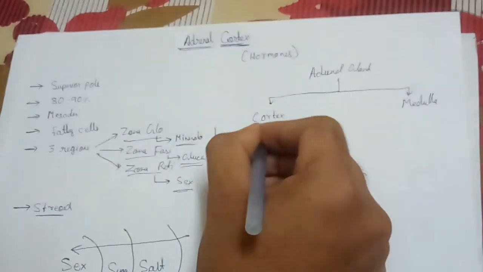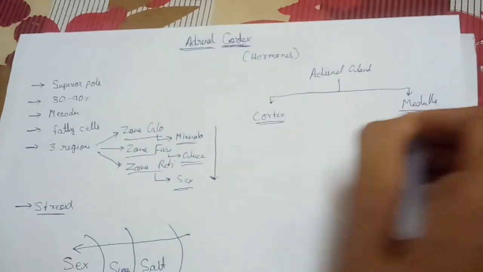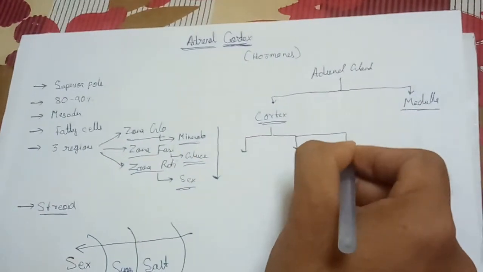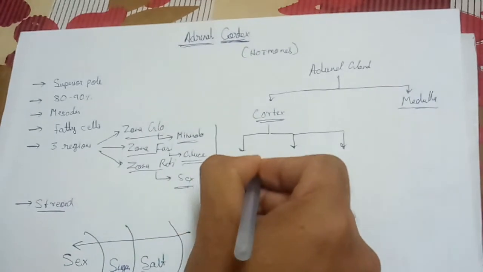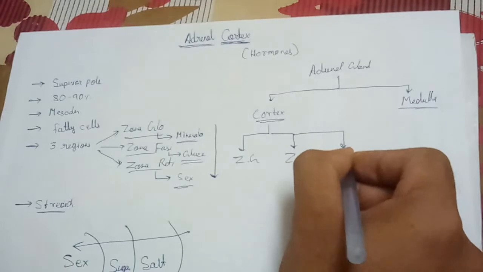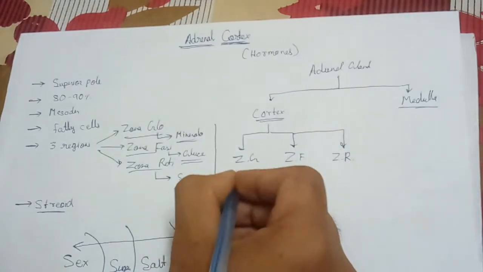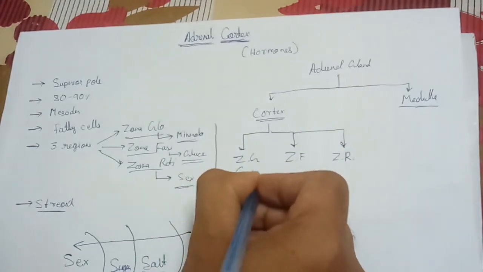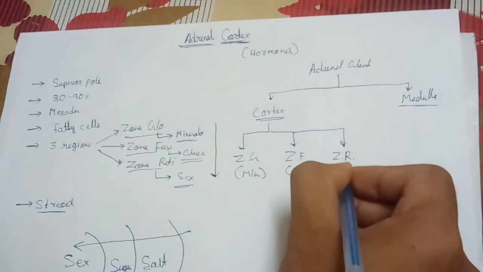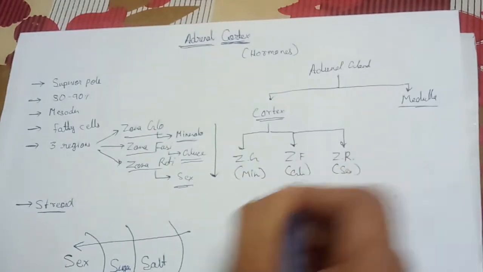Here we are only going to discuss the cortex, not the medulla. So the cortex is divided into three parts: zona glomerulosa, zona fasciculata, and zona reticularis. Zona glomerulosa secretes mineralocorticoids, zona fasciculata secretes glucocorticoids, and zona reticularis secretes sex corticoids.